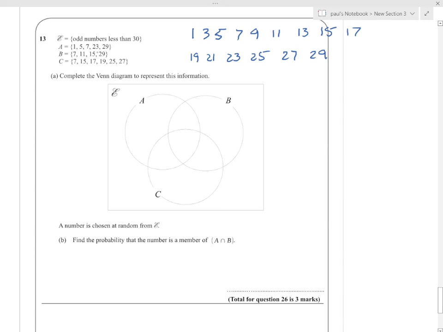Okay, so everything that isn't in these three sets must be outside. Okay, so 1 is, 3 isn't, so that's the 3 outside.